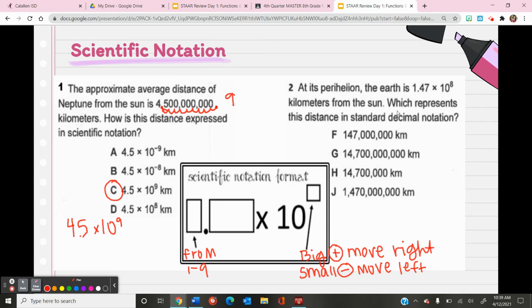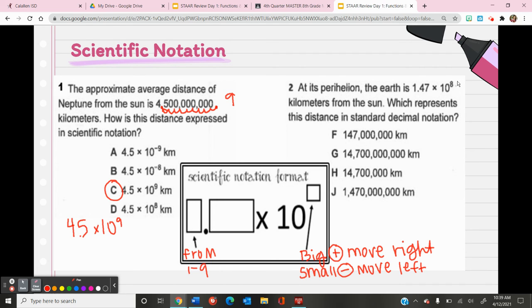But if I start off in scientific form like number 2, it says at its perihelion, the Earth is 1.47 times 10 to the 8th kilometers from the Sun, which represents the distance in standard decimal notation. So here I have 1.47 times 10 to the 8th.